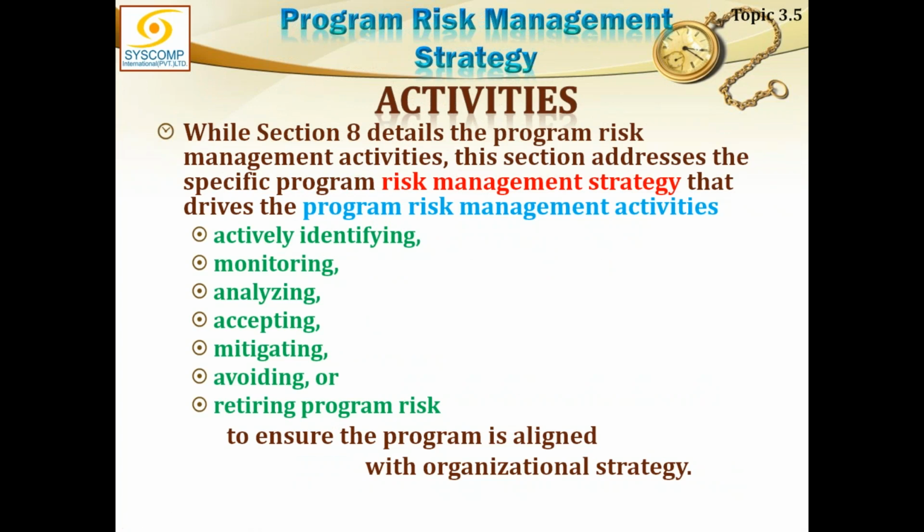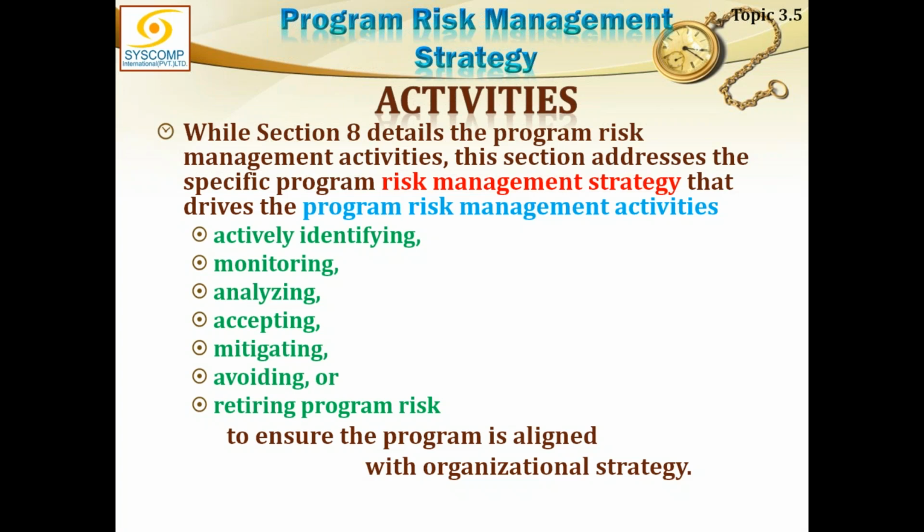Although in section 8 details of program risk management activities are there, this specific section addresses the specific program risk management strategy. We are not talking about the management of the risk itself, but what is our strategy, what should we be doing in what kind of circumstances. We are strategizing ourselves according to the business case and all that.